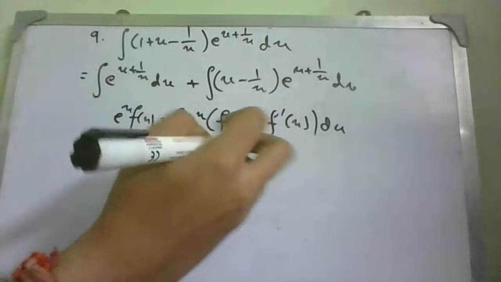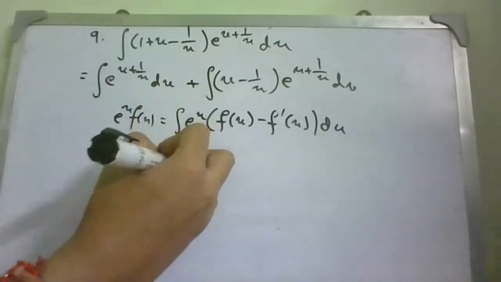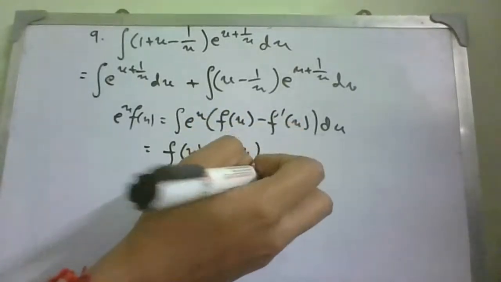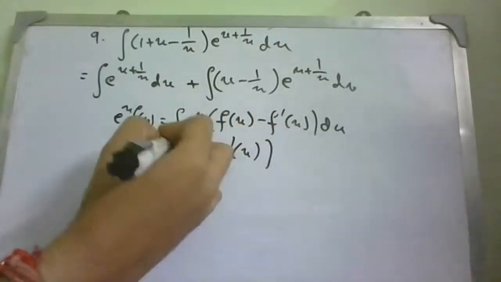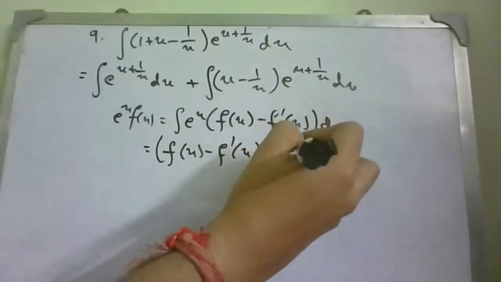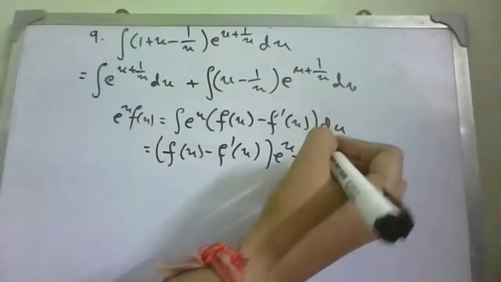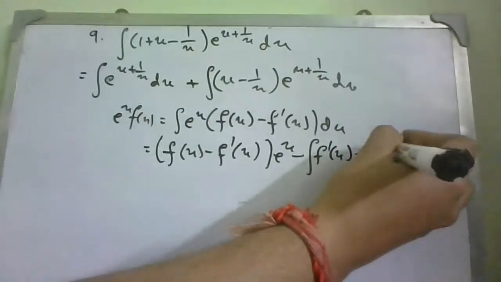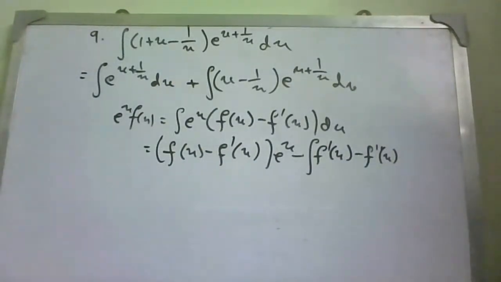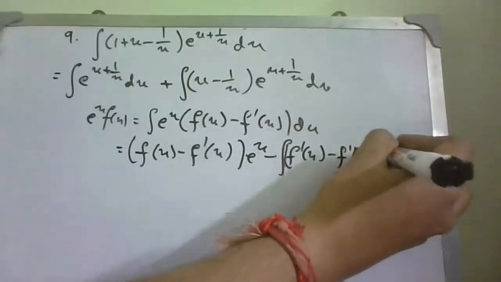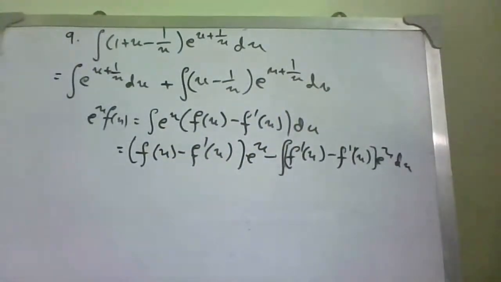And if this is the first function, then f of x minus f dash x times the integral of this function, which is e to the power of x, minus integral, differentiation of this is f dash x minus f double dash x, times e to the power x dx.